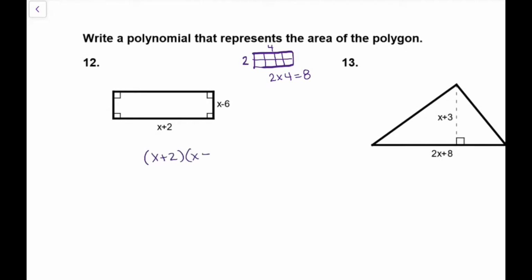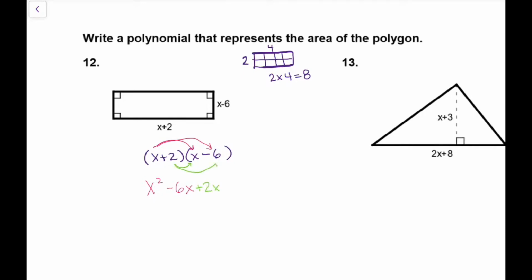On this rectangle, I have x plus 2 times x minus 6. We're going to multiply those together using FOIL. First is x times x, which is x squared. Second is the O. X times negative 6 gives me negative 6x. The I for inside is 2 times x is 2x.